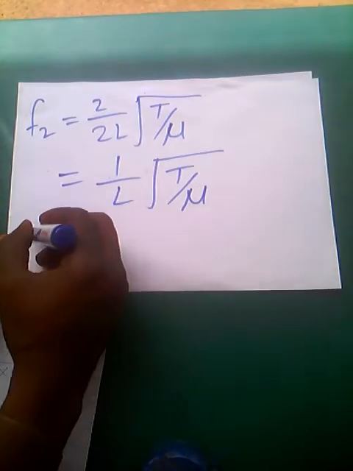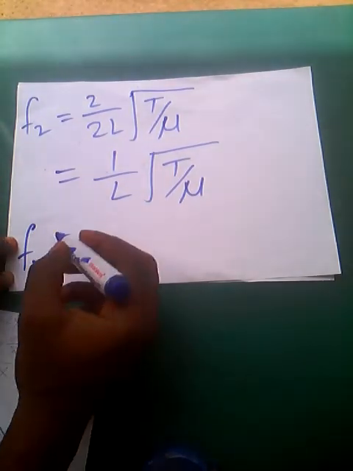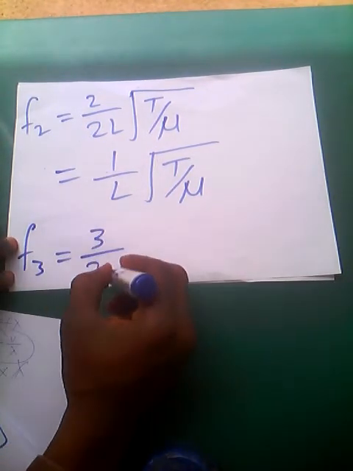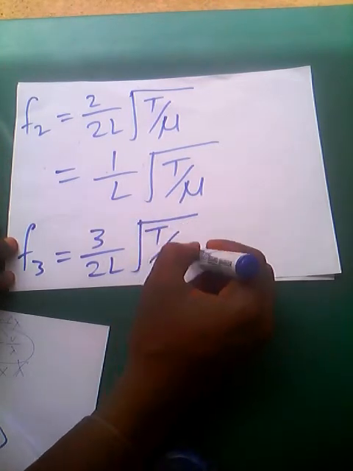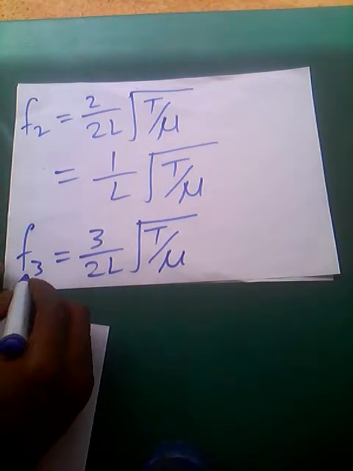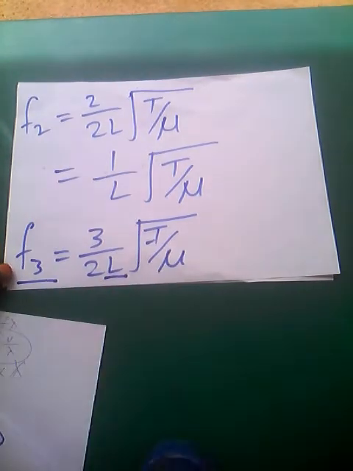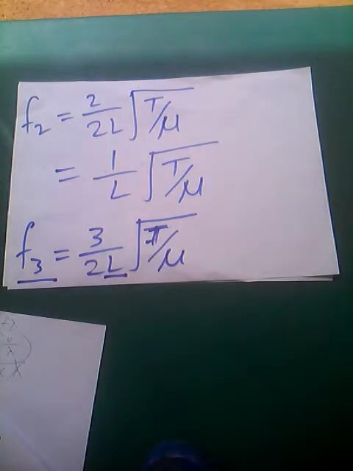And also if we have F3, then n is 3, so the frequency will be 3 over 2L root T over linear density. So that's how the frequency of a note, the length of the string, and the tension are connected for a string instrument.